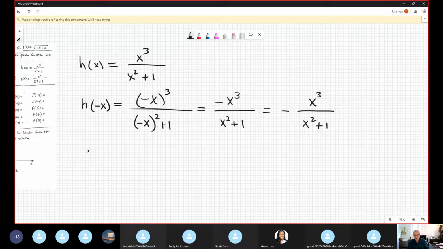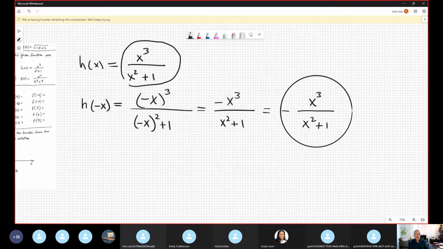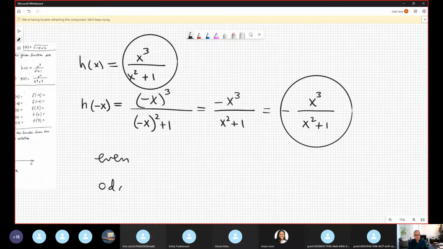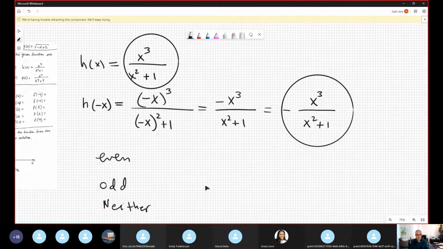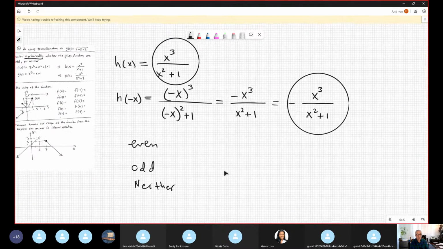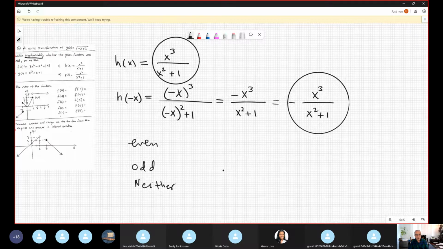This is the crucial moment to compare this and determine if it's even, odd, or neither. What do you think? Opinion. Odd. Super. That's the idea.